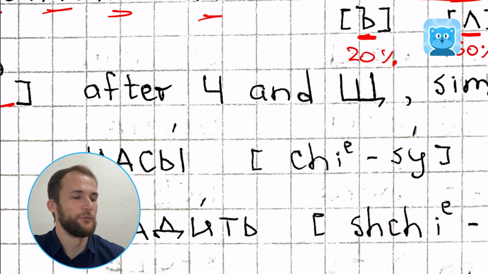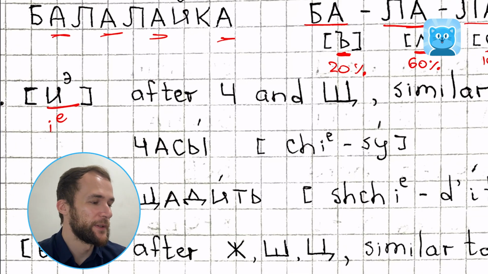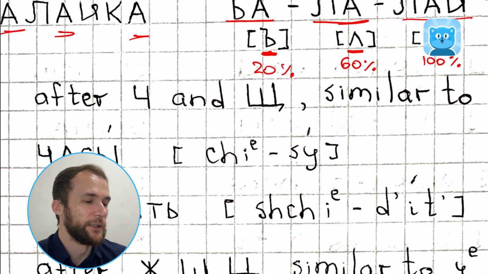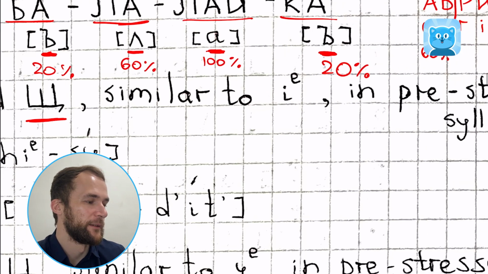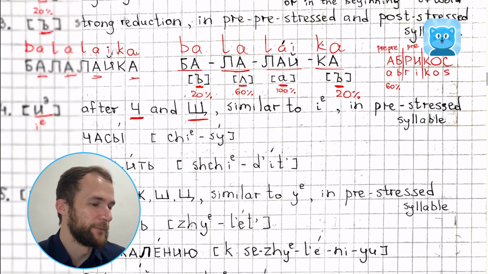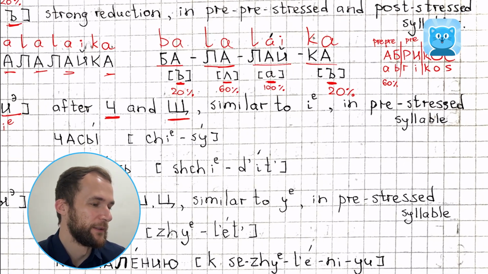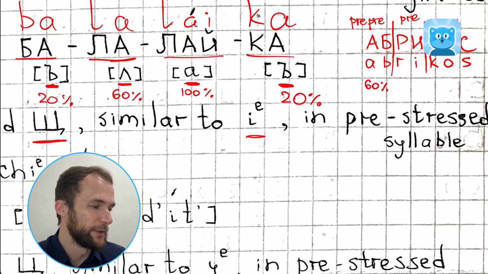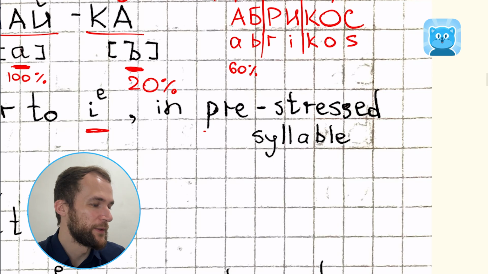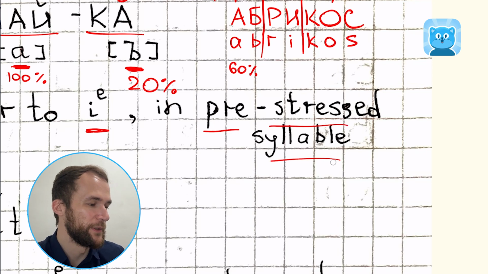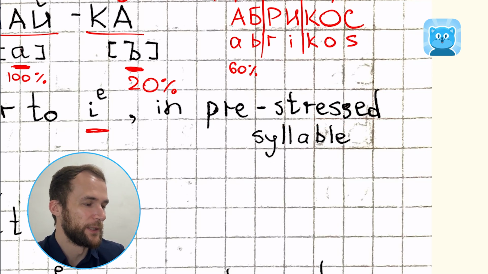So when does it happen? It happens when letter A goes after letter ch and letter sha, and it's in a pre-stressed syllable. Let's take a look.